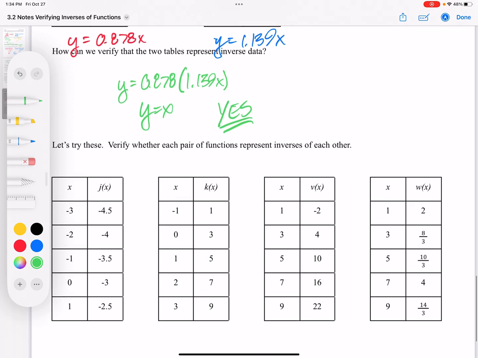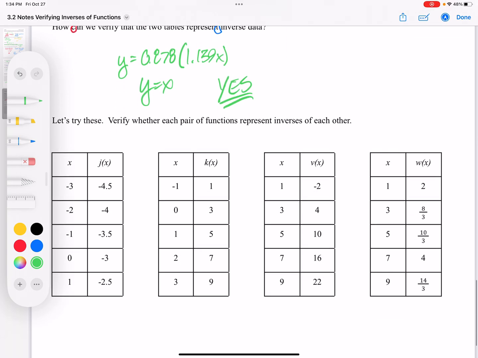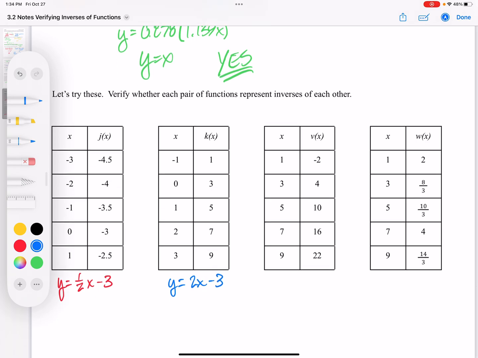So we've got some tables here. Again, you can do linear regression to figure out what the function is. This one is y equals 1/2 x minus 3. The second one is y equals 2x minus 3. You can do linear regression and figure that out. You don't need me to show you that.